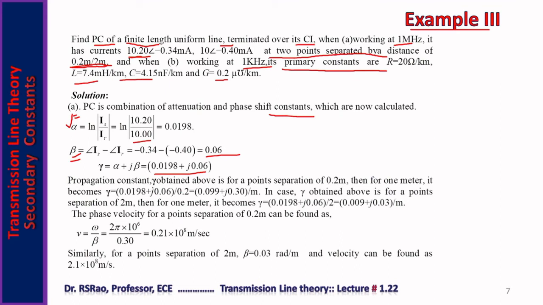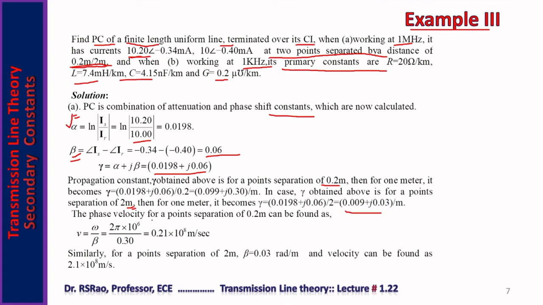The propagation constant gamma obtained above is for points separation of 0.2 meter. Then for 1 meter, it becomes gamma by 0.2. In case gamma obtained above is for points separation of 2 meters, then for 1 meter, it becomes 0.0198 plus j 0.06 by 2 meters.